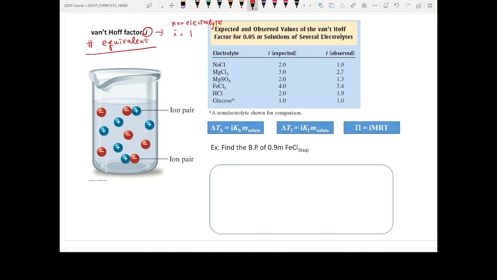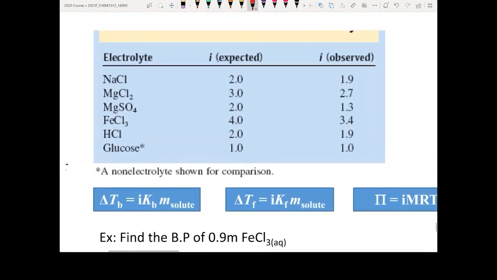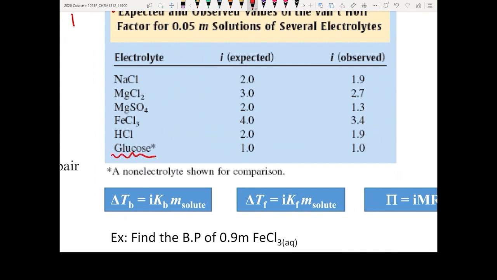If you look at this table, it will give you a better idea. Glucose is not a salt, not an acid, not a base. It's just a molecule. Once it dissolves in water, it does not generate ionic species. So we call glucose a non-electrolyte. If it is a non-electrolyte, then its Van Hoff factor is going to equal 1.